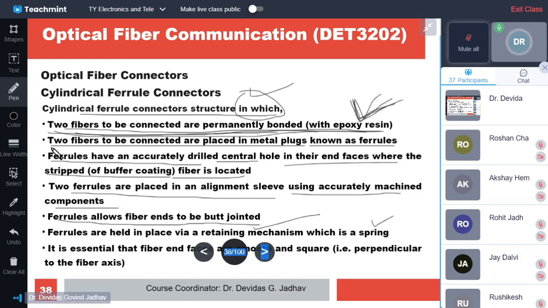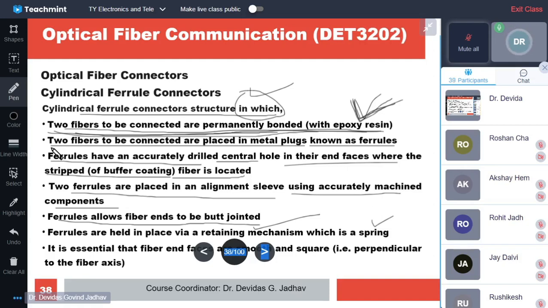In this cylindrical ferrule connector structure, two fibers to be connected are permanently bonded. Two fibers to be connected are placed in the metal plugs known as ferrules.